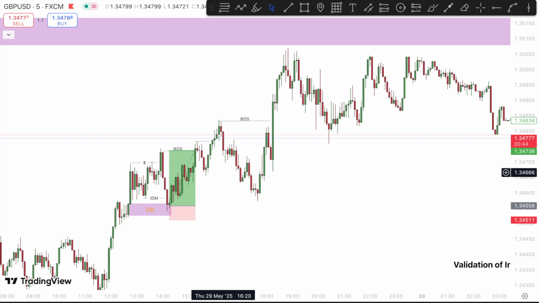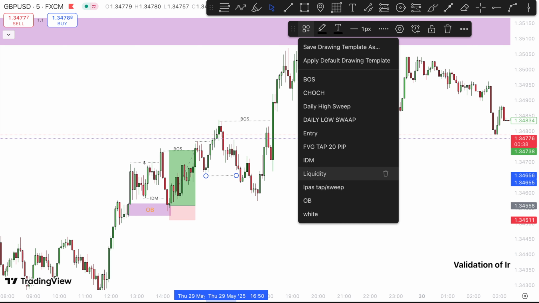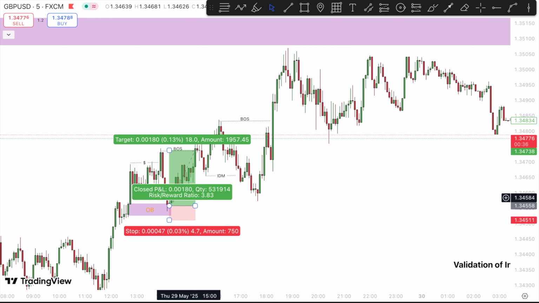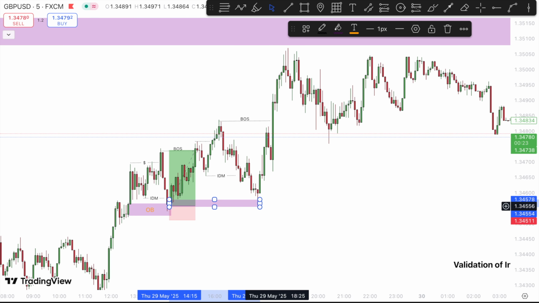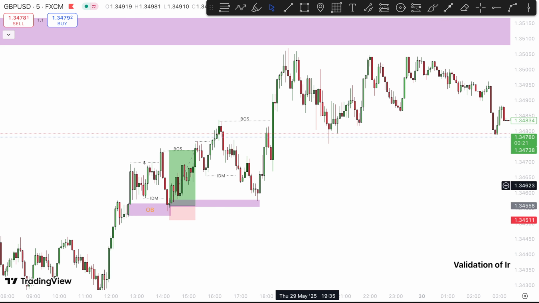How was inducement confirmed? Because this low was taken. This will be an inducement. And then the order block, the liquidity shift from here to here, and the price swept this and tapped over here, and then price moved to the upside.